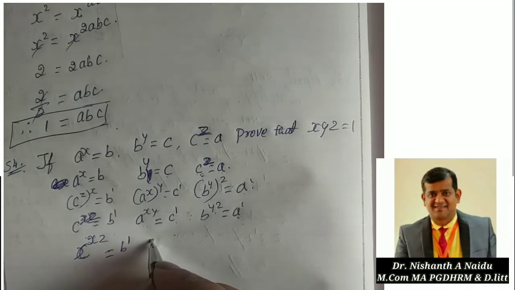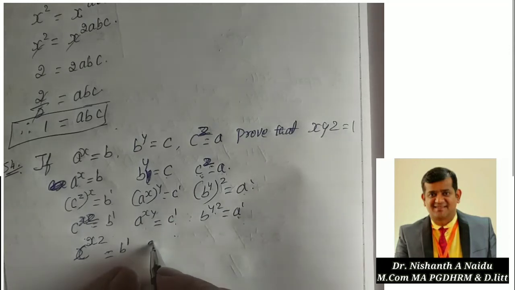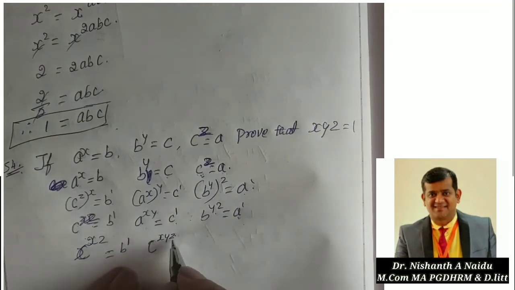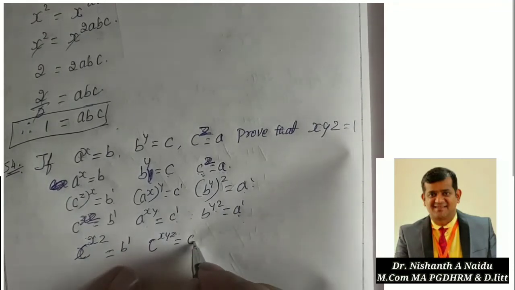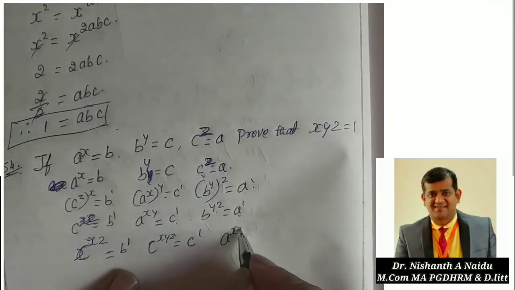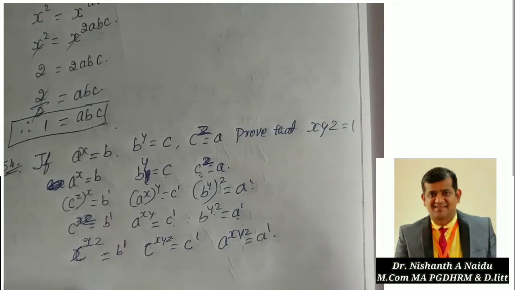c to the power of z into xy, that is c to the power of xyz equals c dash, then a to the power of xyz equals a dash, okay.